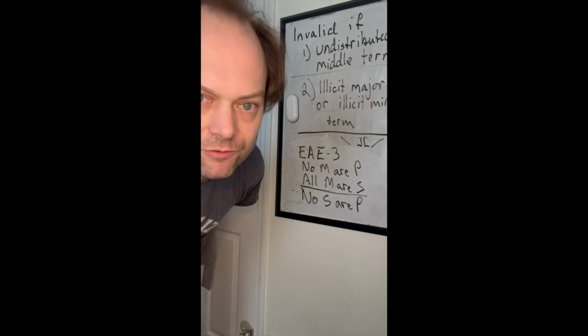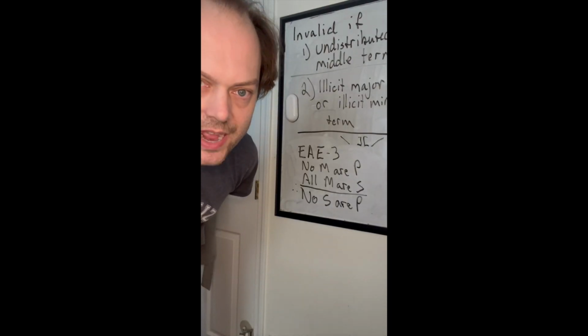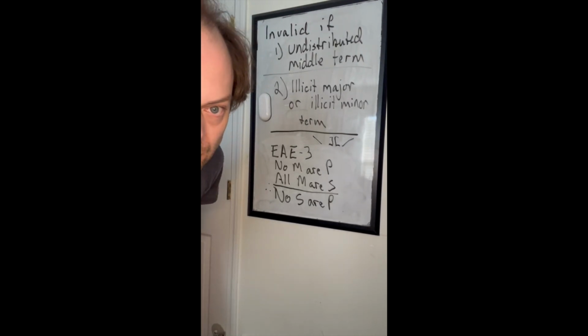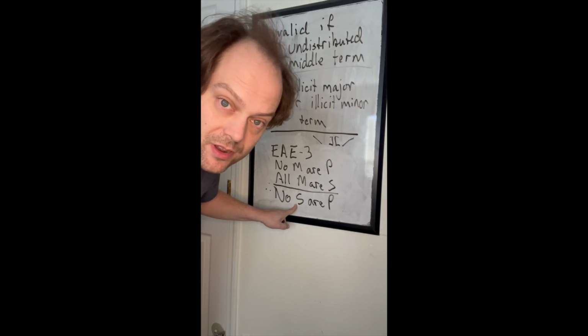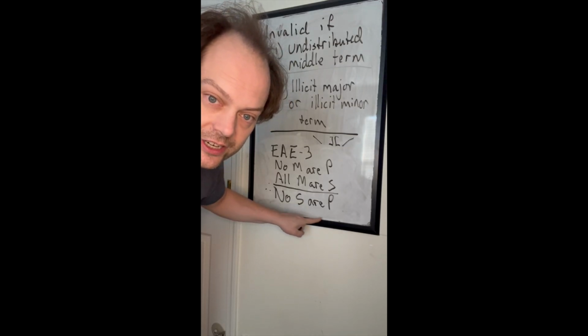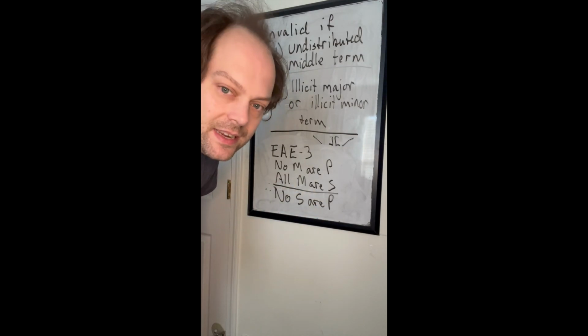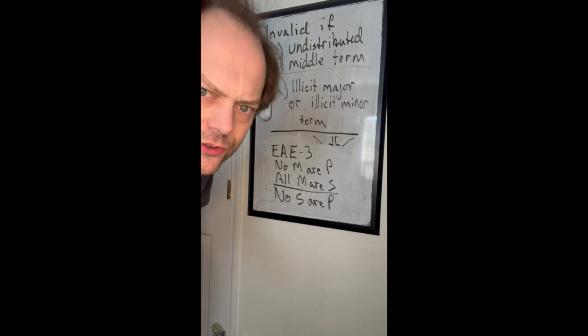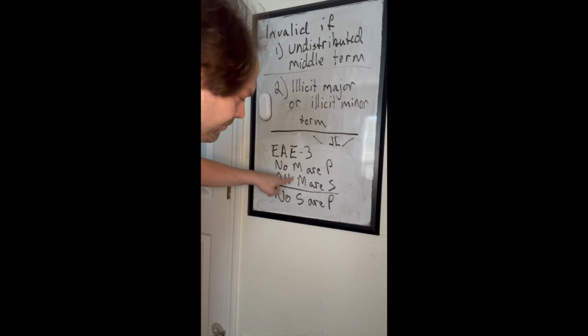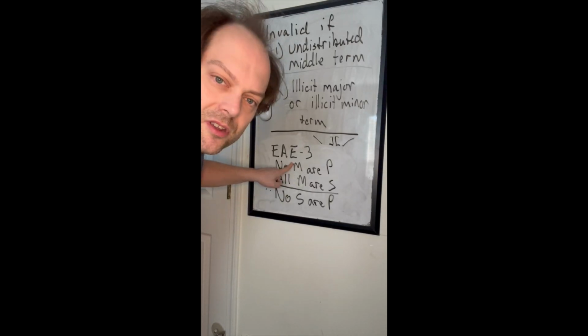All right, what about the second rule? Illicit major, illicit minor. The rule is that if a term is distributed in the conclusion, it has to be distributed in the premise. Let's check on the first rule first. The middle term here, is it distributed? Yeah, it's distributed here.